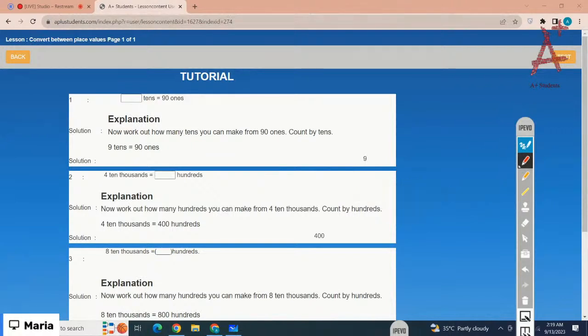Okay. In 8 10,000s, how many hundreds do you have?